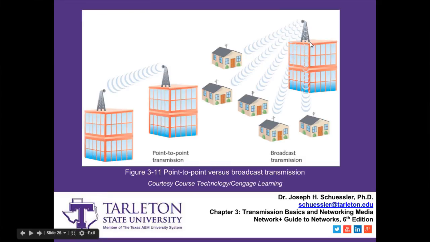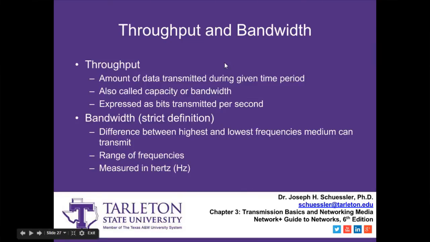With broadcast, we're going to send out a TV signal or a radio signal, and all the homes in the area are going to be able to pick it up. They might be watching something else, or not watching TV at all. This is you guys, you should be studying right now, so you're not watching TV. So that's kind of how broadcast transmissions work.